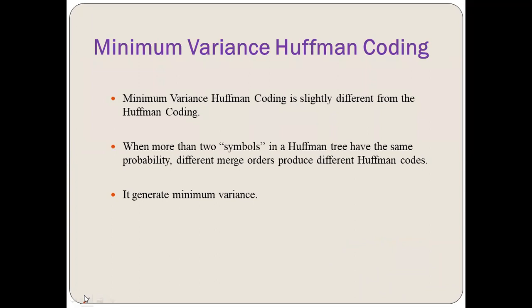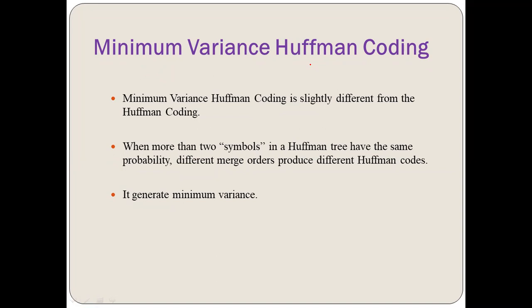First thing, let's see what actually minimum variance Huffman code is. The concept of Huffman coding and minimum variance Huffman coding is almost similar. That is, it is an optimum prefix code, that I told you yesterday, and we all know what a prefix code is.